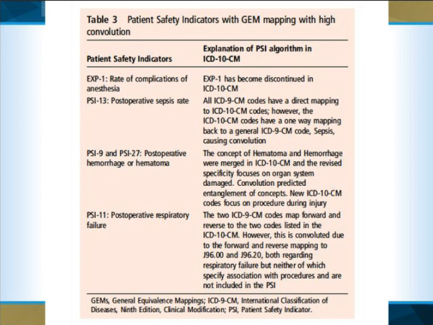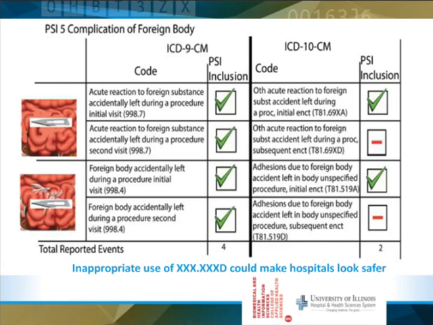So one of the interesting side notes about PSI, especially for the complications of foreign body, is what the new detail is. In ICD-9-CM, you had acute reaction to foreign substance. You come in multiple visits, you get recorded. If you have a foreign body accidentally left in during a visit, all of these report against your PSI.